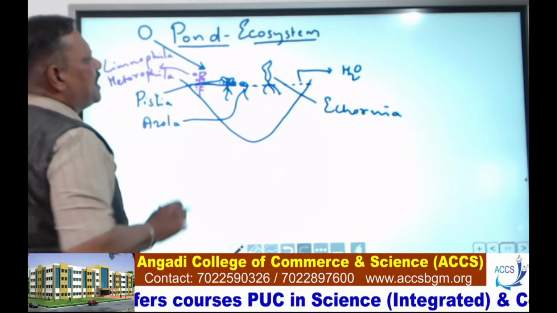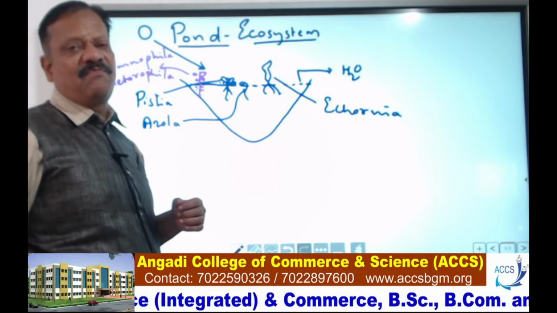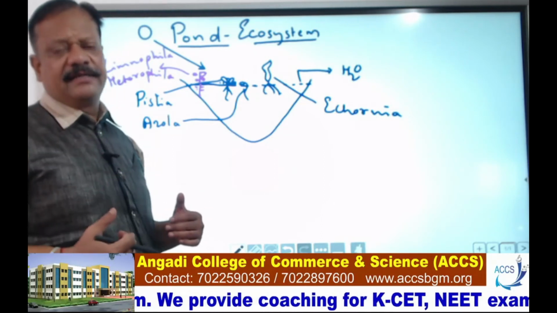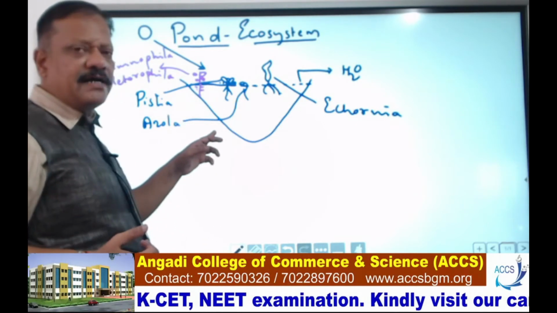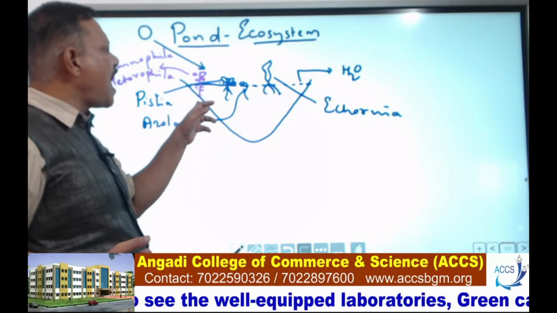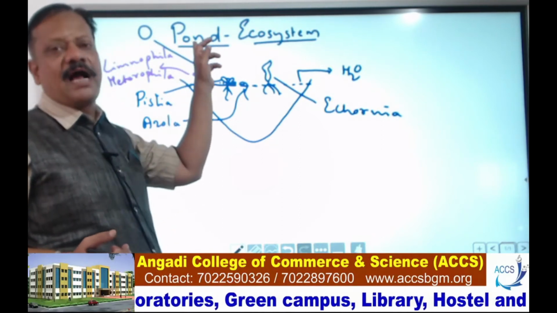So, limnophila and heterophylla are the best examples for this. In the same way, you can take nymphaea, lotus. These are submerged but freely floating on the surface of water. But here, half is submerged and half is coming out of the water.